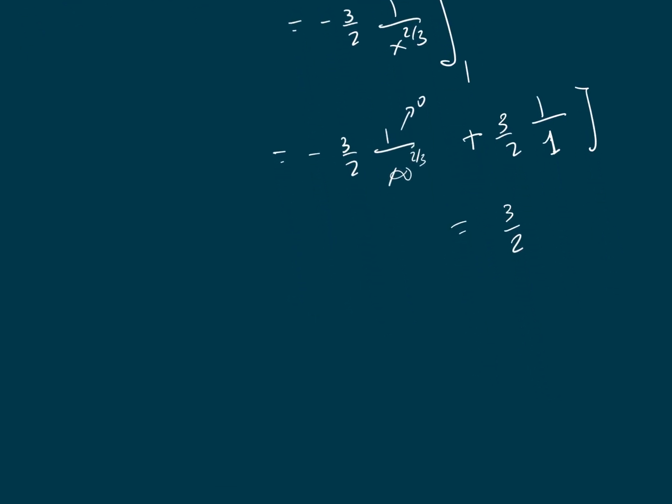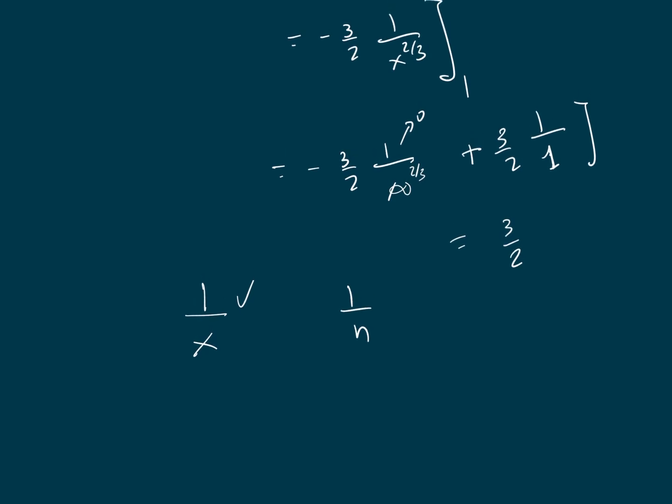So the integral test is useful to analyze if the series of 1 divided by n converges or diverges. How will you know? You construct the function 1 divided by x. It's a decreasing, continuous, positive function for positive values.